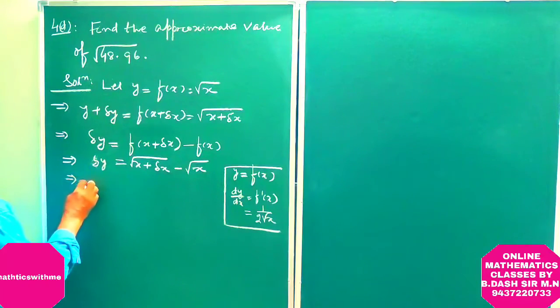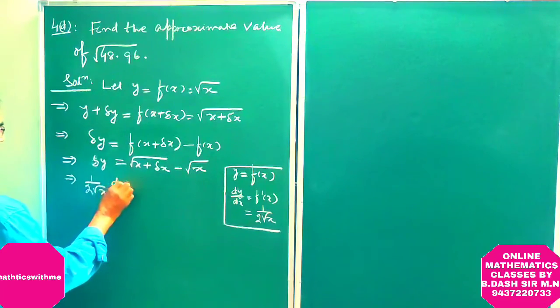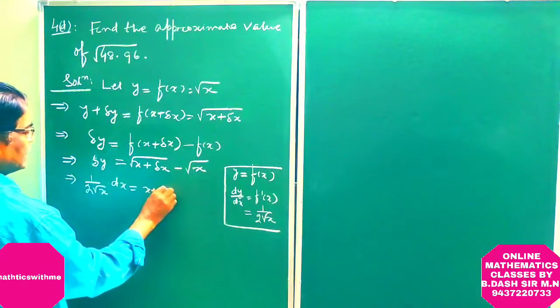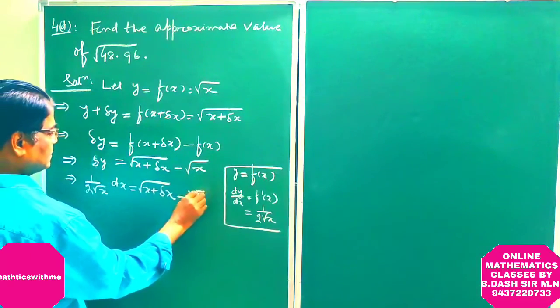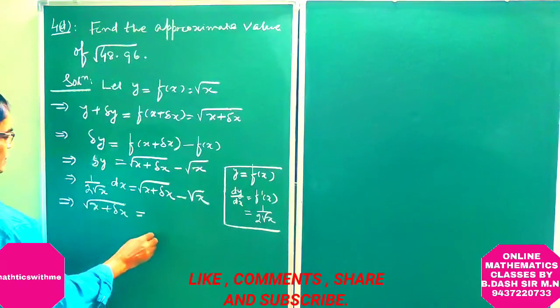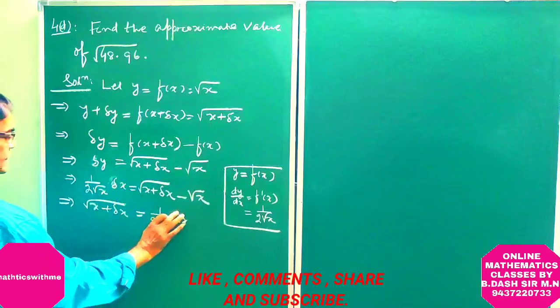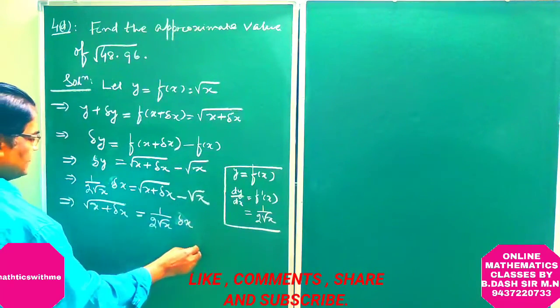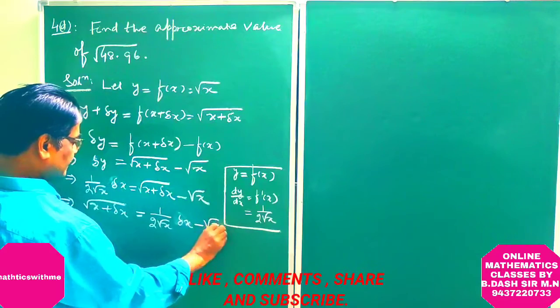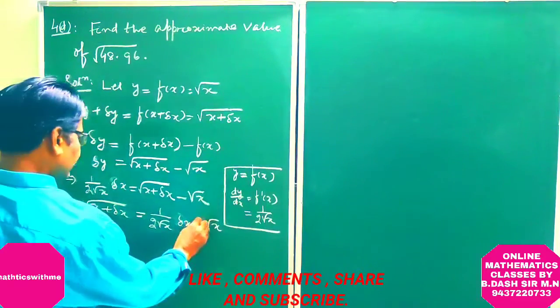So this implies 1 by 2√x into dx is equal to √(x plus delta x) minus √x. So √(x plus delta x) is equal to 1 by 2√x, delta x, the increment, plus √x.